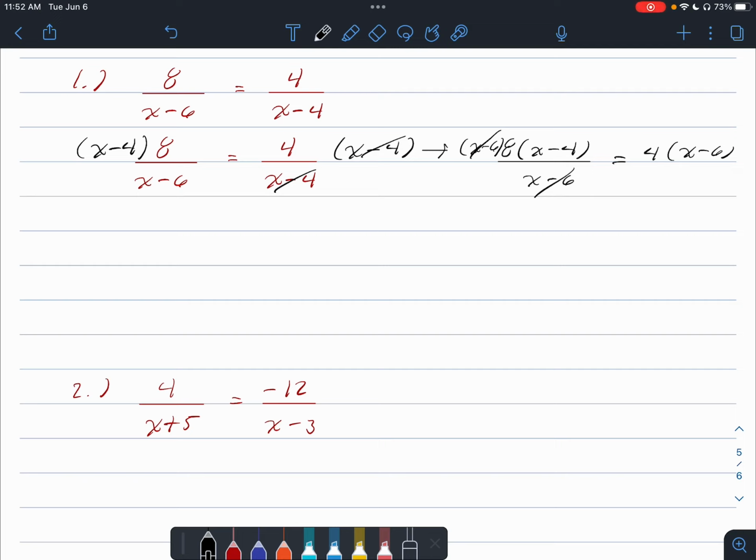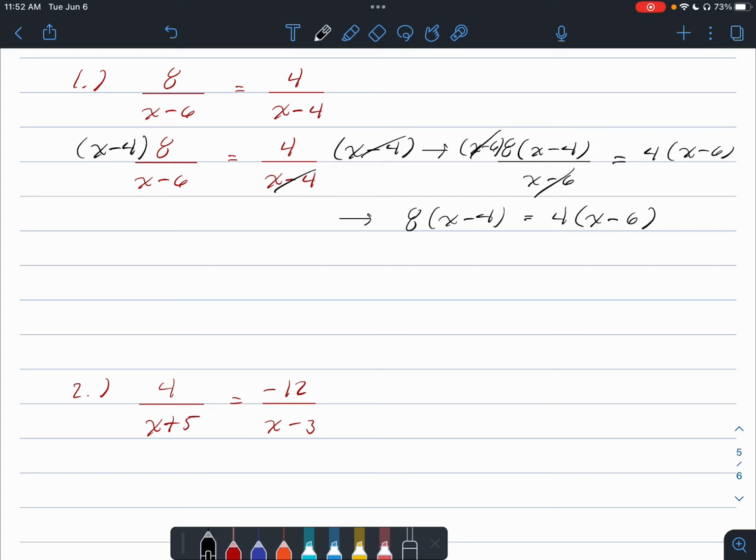And so now we're left with 8 times x minus 4 is equal to 4 times x minus 6. And if you want to, you can do both of those in one step if you're familiar with these. I'm okay with that. But just make sure that you account for everything you're supposed to here. So we have 8 times x minus 4 is equal to 4 times x minus 6.